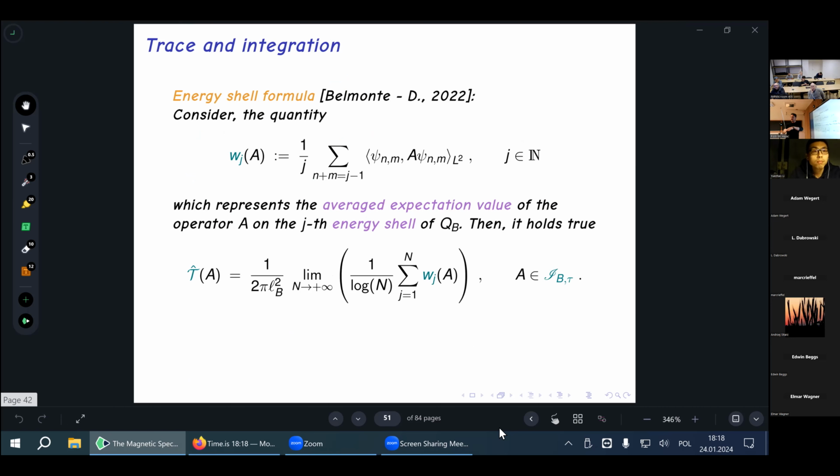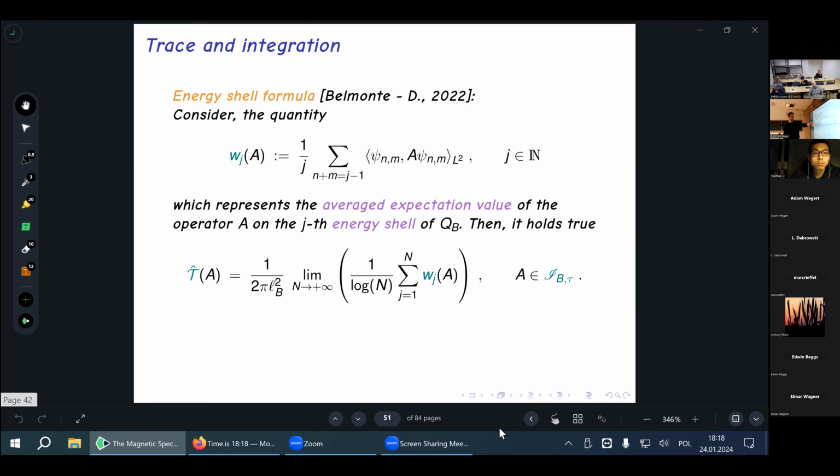Let me fix a shell of energy J of my harmonic oscillator, of my operator Q. It means that I can take all the eigenfunctions such that n plus m plus 1 equals J. Now I have my operator A, and let me compute my average on this energy shell of the harmonic oscillator.